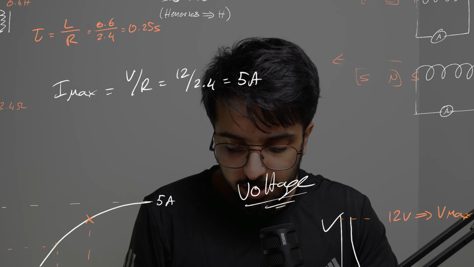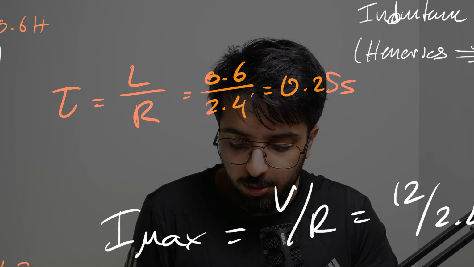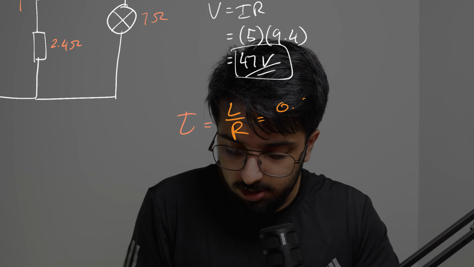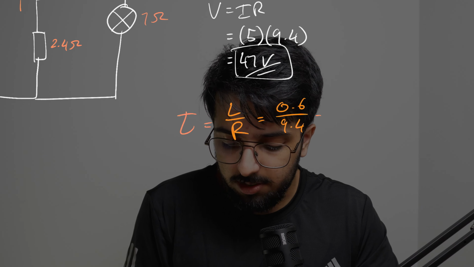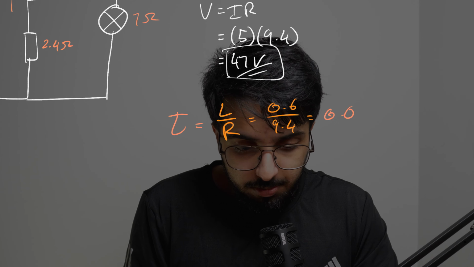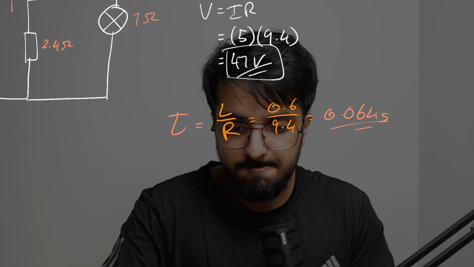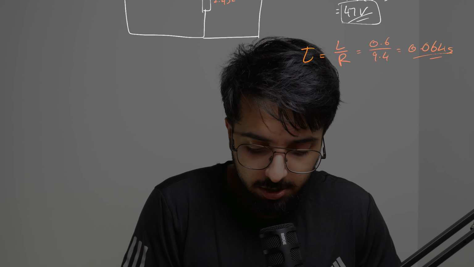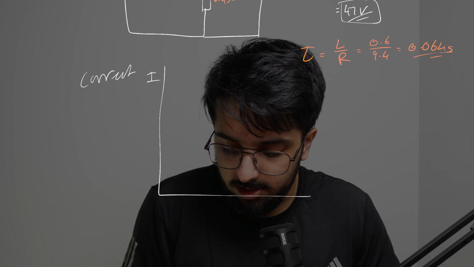Our previous resistance value was 2.4. So we're going to have a new time constant, 0.6 over 9.4, and this gives a value of 0.064 seconds. If we were to graph this like we did previously, we'll have our current over here, where we have our I, and this is over time.